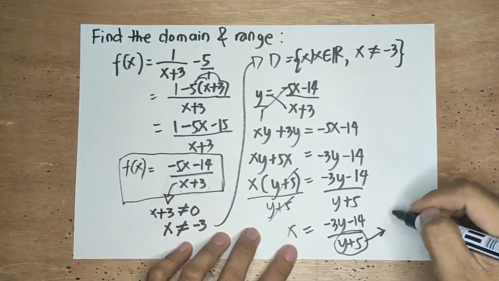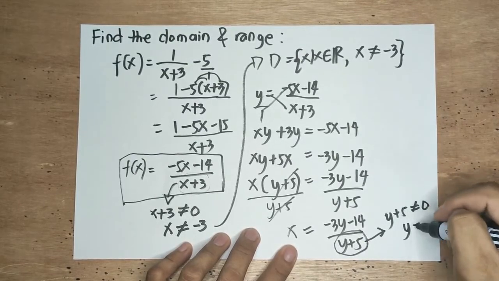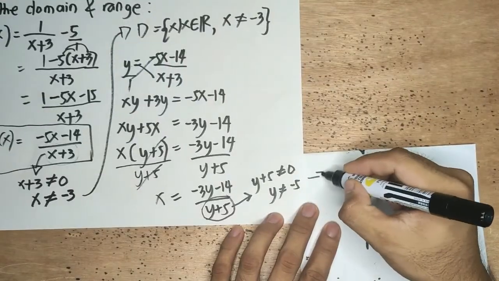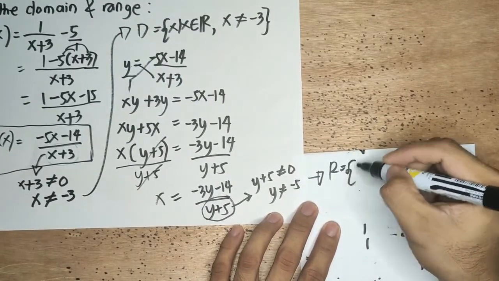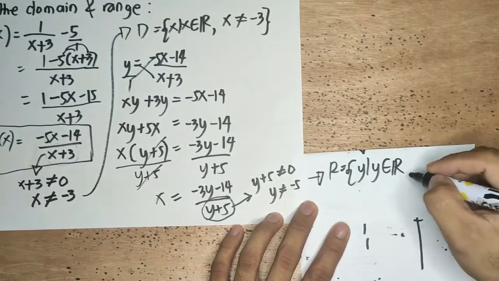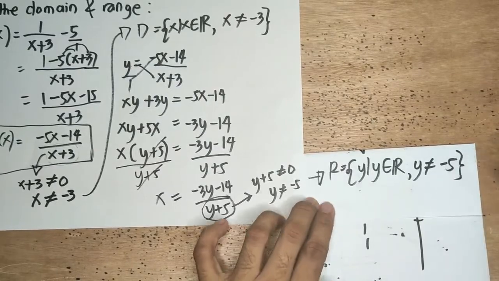So this will be y plus 5 is not equal to 0, or y is not equal to negative 5. So therefore, our range here is the set of all y's such that y is an element of real numbers and y should not be equal to negative 5.